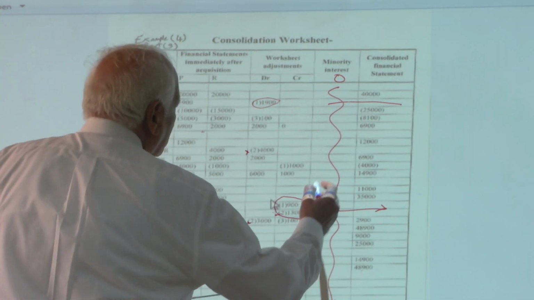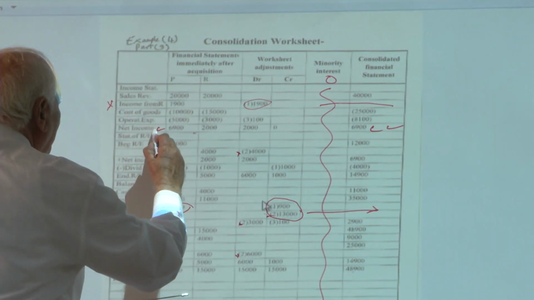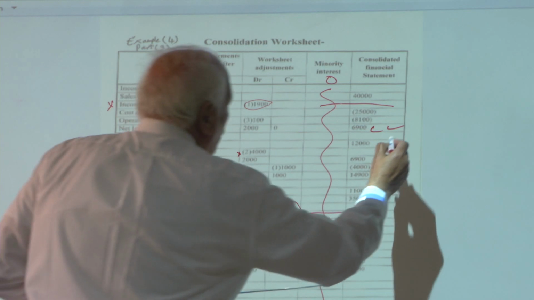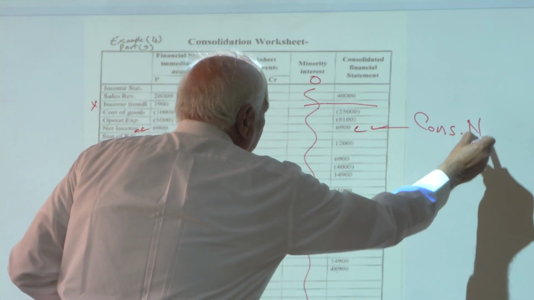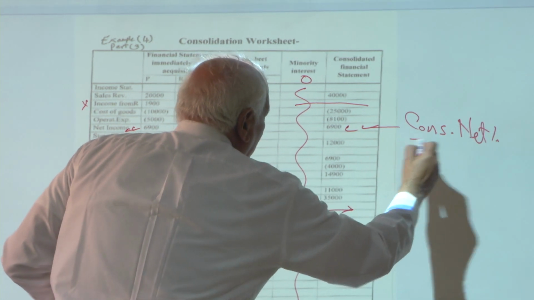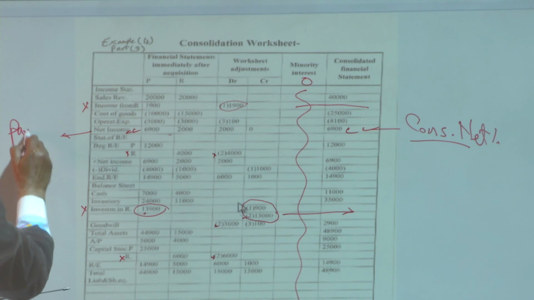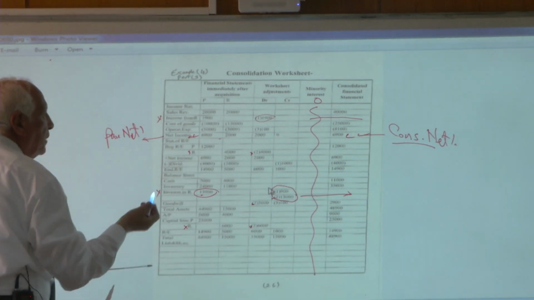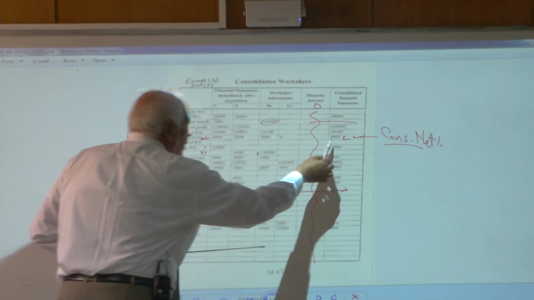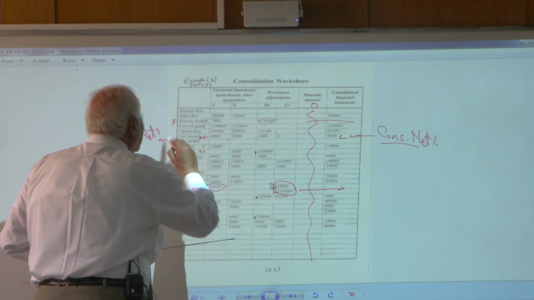Under equity method, this one 6,900 and this one 6,900. Consolidated net income should equal parent net income. All under equity method, if this number 6,900, this one 6,900, this one, that means you're right.